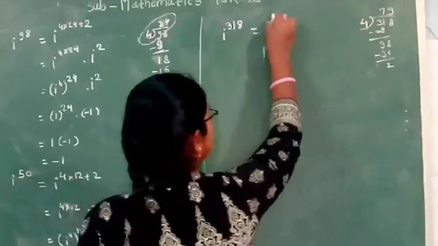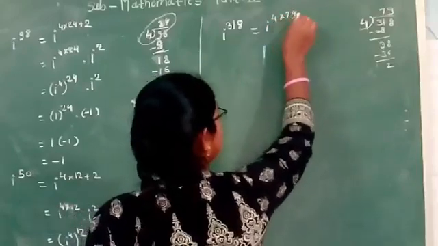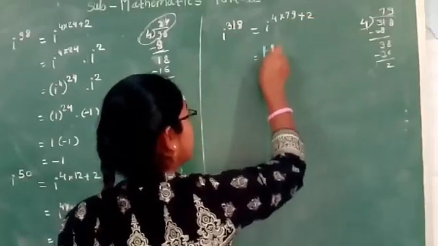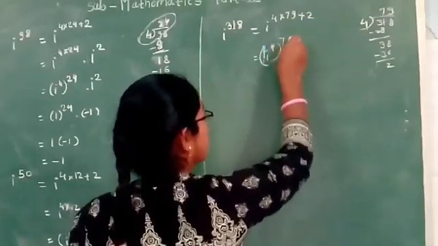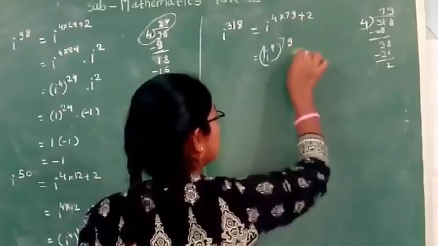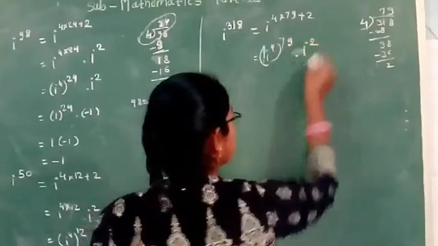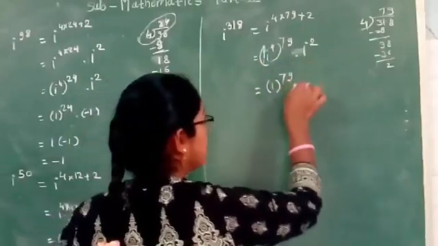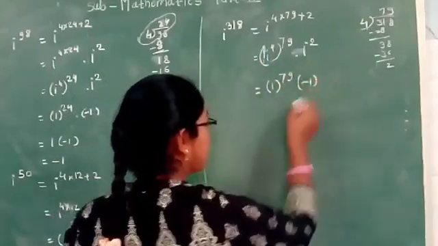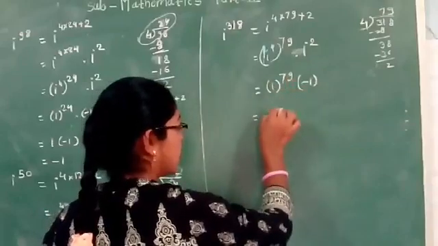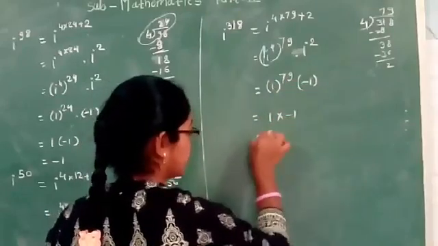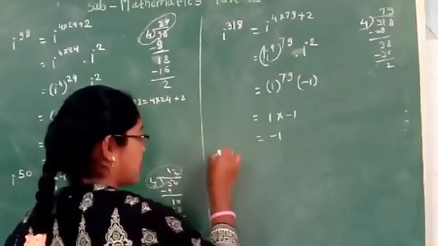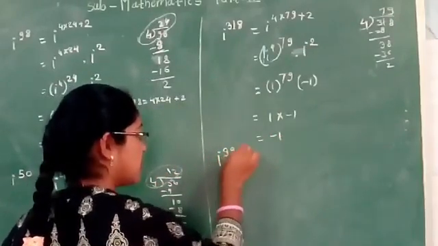So i raised to 4 into 79 plus 2. So i raised to 4 into 79 and this is into i square. i raised to 4 is 1, 1 raised to 79 into i square is minus 1. 1 raised to 79 is 1 and this is minus 1. So the answer is minus 1. So next example, answer from textbook.